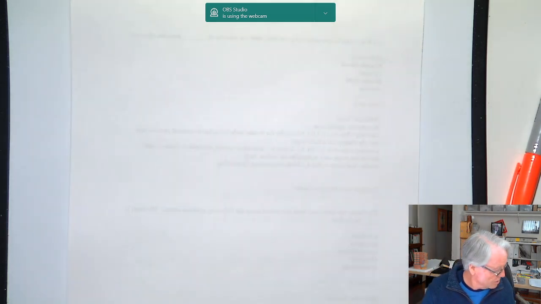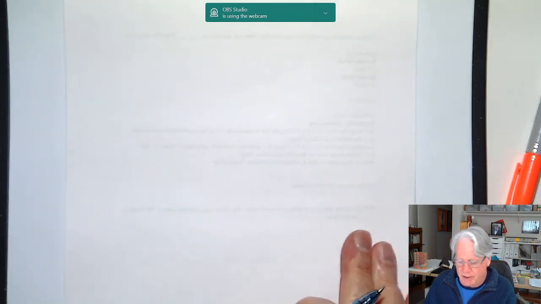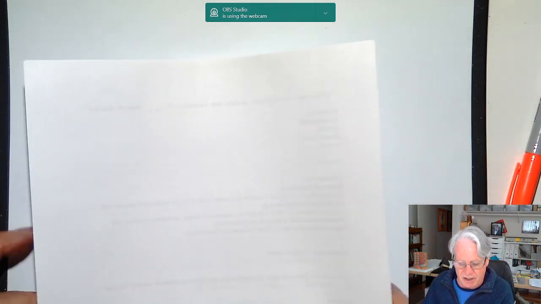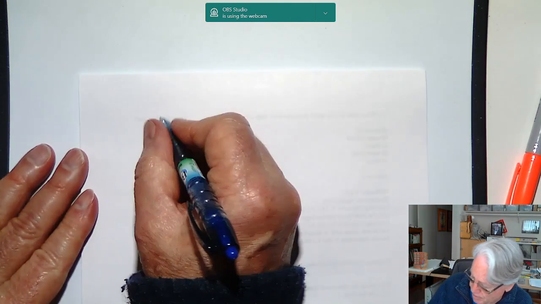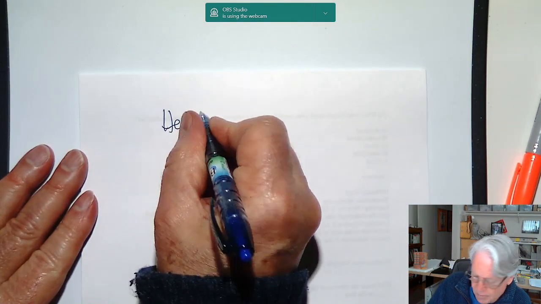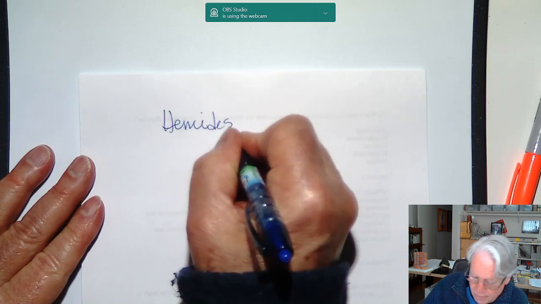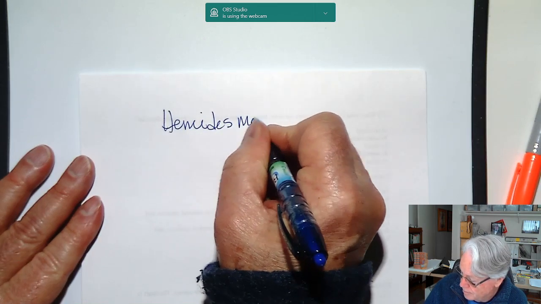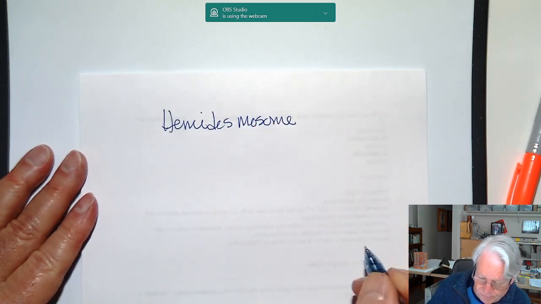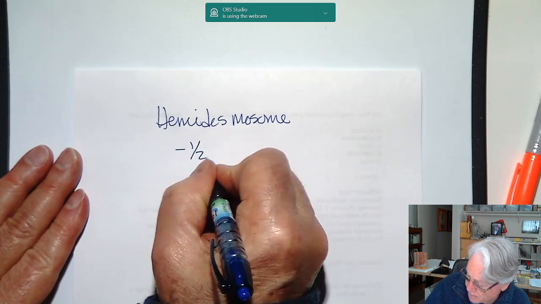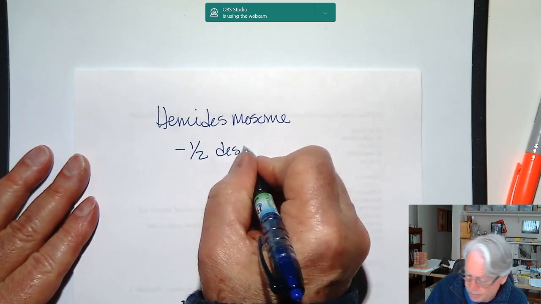The next type of junction is half of what we just drew. It's called the hemidesmosome. In other words, it's one half of a desmosome.